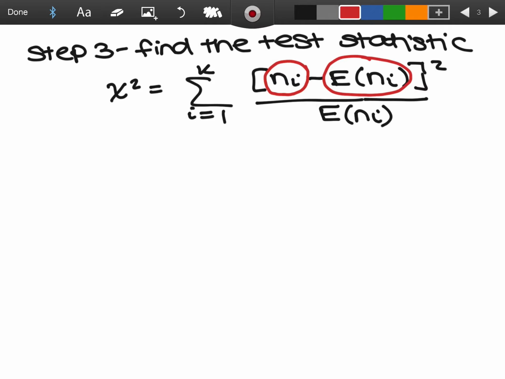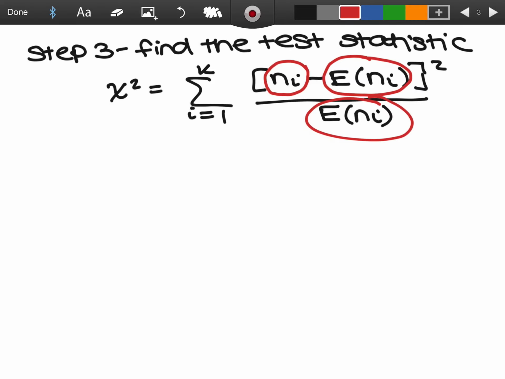What that does is you're basically finding a distance almost. You're just squaring the value to make sure it's positive, as we like to do with distances, giving you a distance between the actual value and the expected value. And then you are dividing by the expected number of times that you thought that outcome would happen.